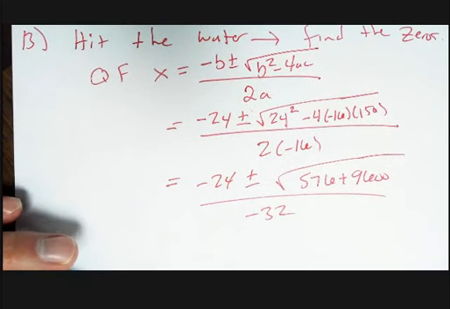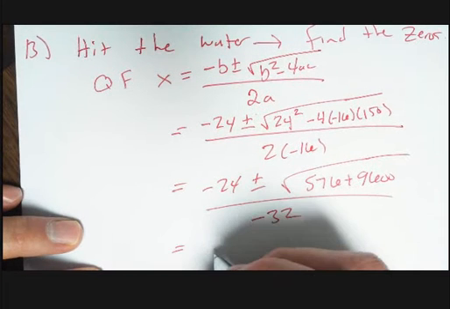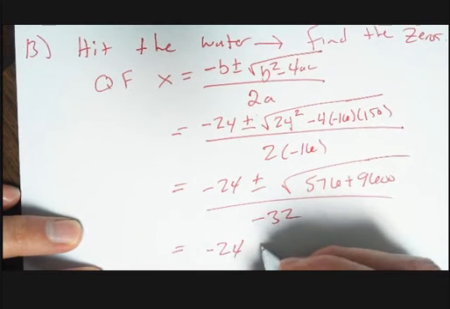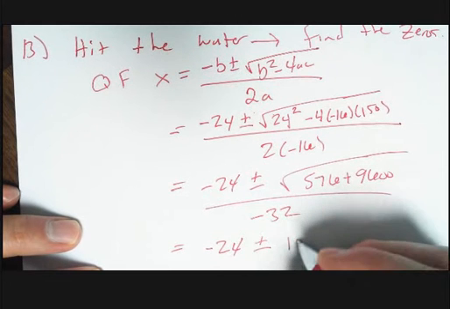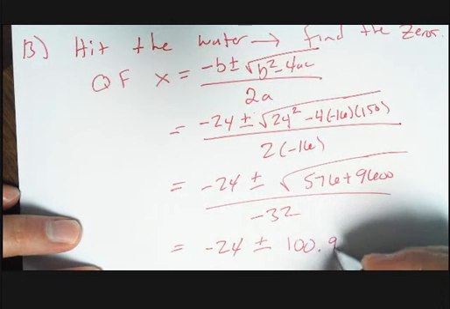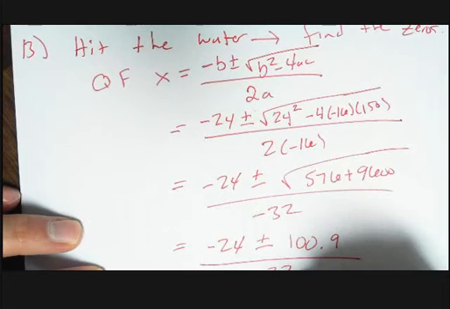And then we're going to put this in decimal form because we're talking about applications. So I'm going to write the decimal down. So this is going to be plus or minus 100.9, all divided by negative 32.